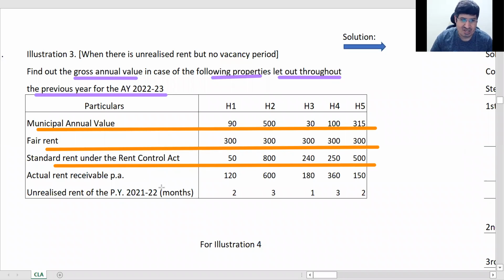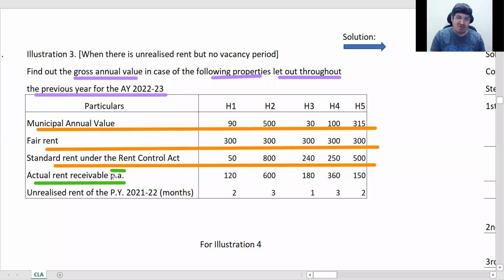Now, the next point is actual rent receivable. Here they have given per annum. So this is why you have to use the entire previous year period, because they have used the word PA, which is per annum. So this is rent receivable per annum.